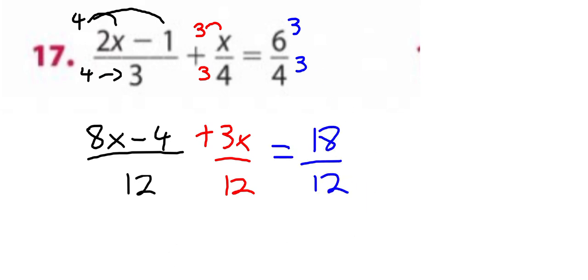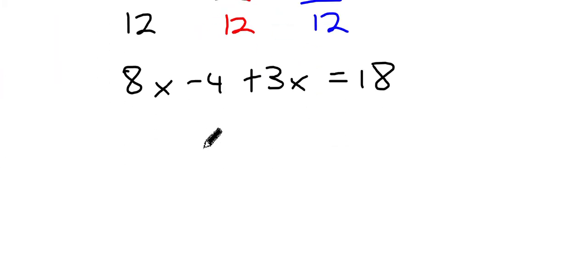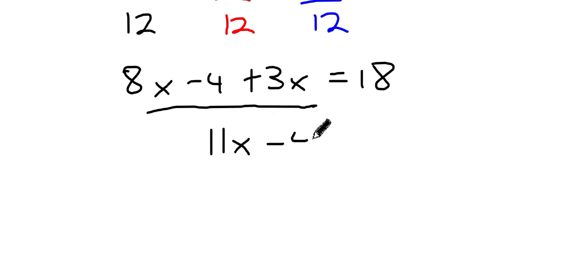Now, the deal is, what have I always told you guys about this? You're only allowed 2 a side max. How many are on the left side? I don't like that. I need a way to sort that out. What's 8x plus 3x? Now, it's a game of stays or goes. 11x minus 4.